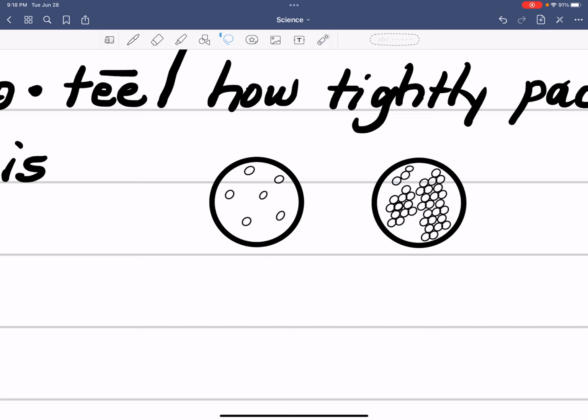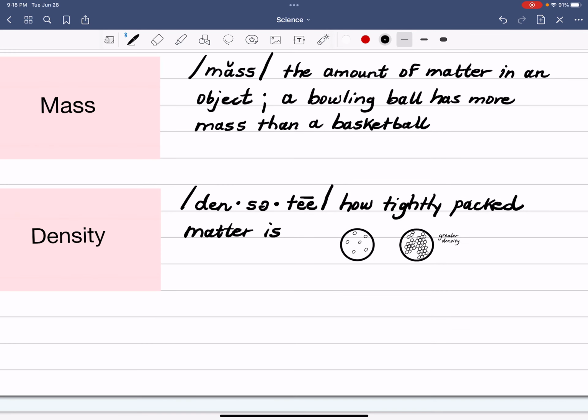Okay, so the bowling ball has more density, or we would say a greater density, than something that is filled with air. So if you see that word density on a test, try to remember this picture that I didn't do a good job drawing. Okay, moving on.